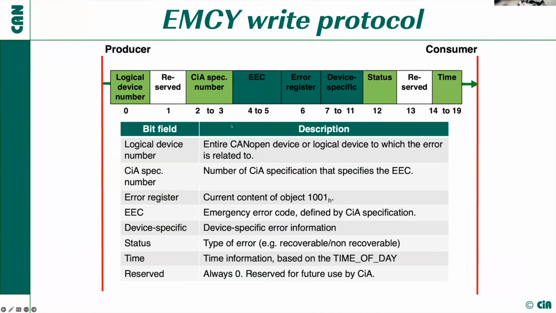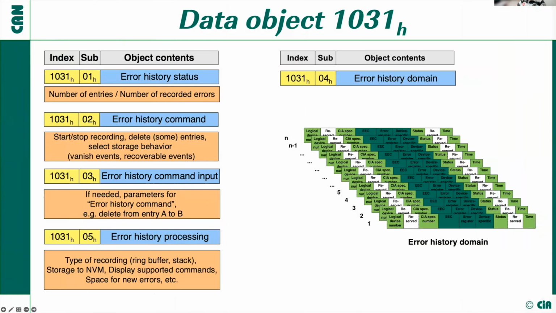If you have very complex devices with several logical devices, then we give you a hint that it's from this or that part of your complex device. We can store these errors in a big error history, and we give you some capabilities to browse through this error history, to manage it, the type of recording, etc.